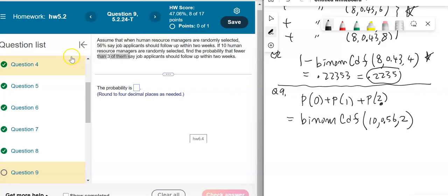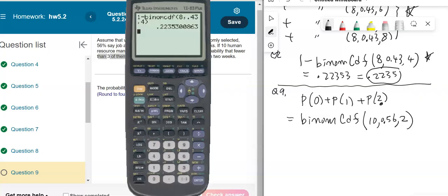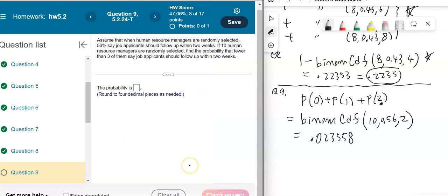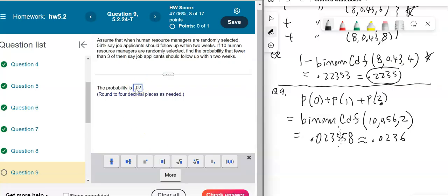So binom CDF, 10, 0.56, comma 2. So this is 0.023558. I don't know how many decimals they want. 4 decimals, 1, 2, 3, 4. So that is 0.0236.